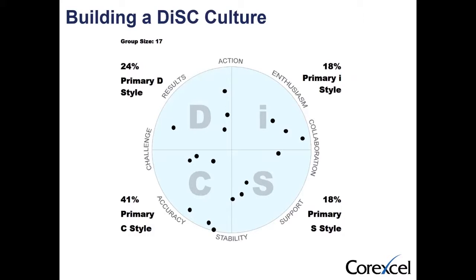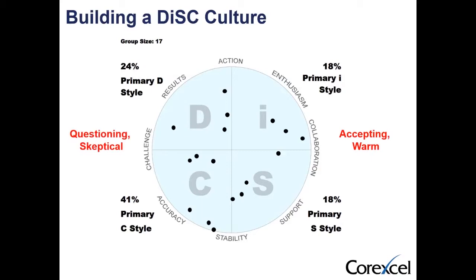And this DISC map clearly spells out that most of this team, or I shouldn't say most, but the biggest percentage, 41% of this team, has a primary C style. 65% are on that left side of the circumference. So they are on the questioning, skeptical side as opposed to accepting and warm.